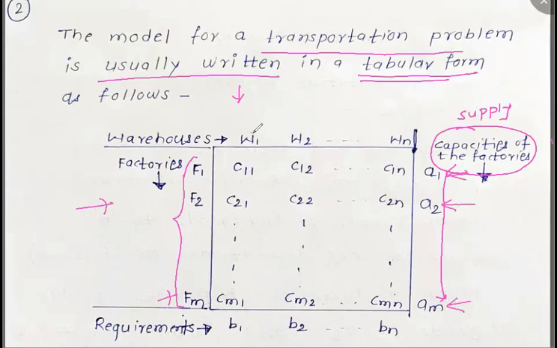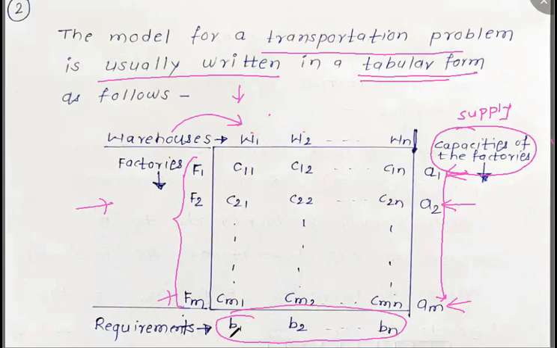At the top we write W1, W2, Wn. These are the warehouses. N warehouses are there, and the requirement at these n warehouses is written here at the bottom, B1, B2 to Bn. So how much quantity of goods is required at the warehouse W1 is given here.